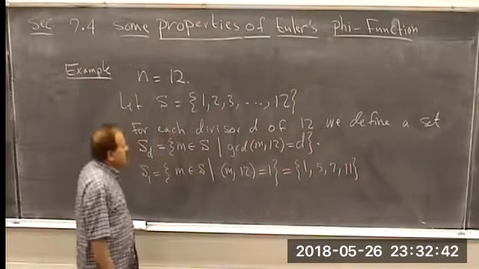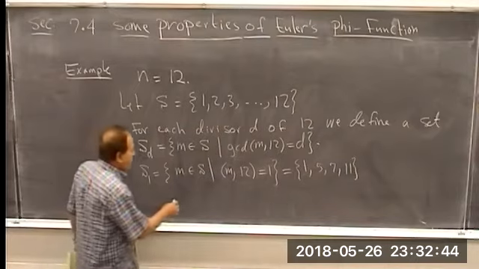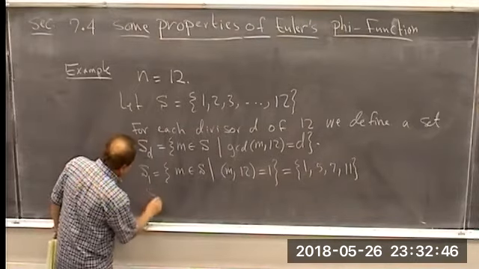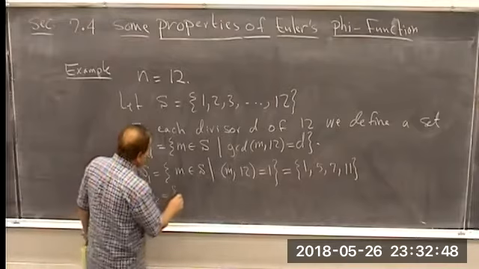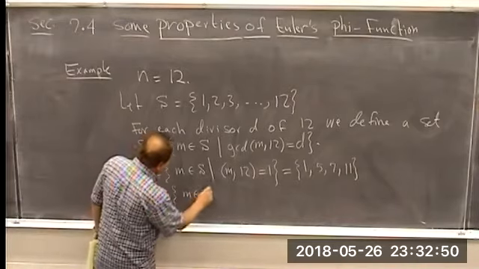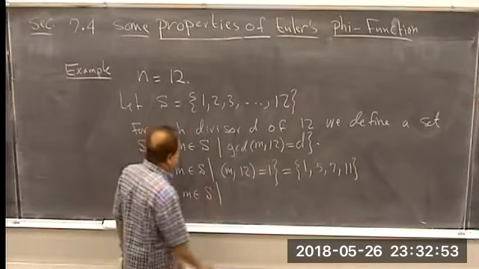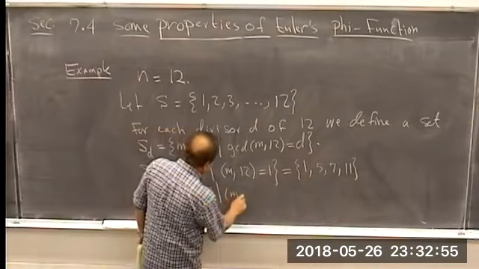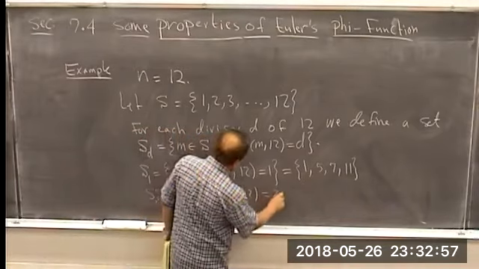All right? Let's look at S2. This consists of m in S such that the gcd of m and 12 is equal to 2.